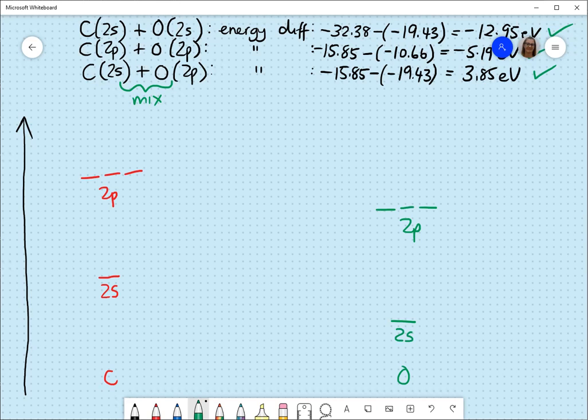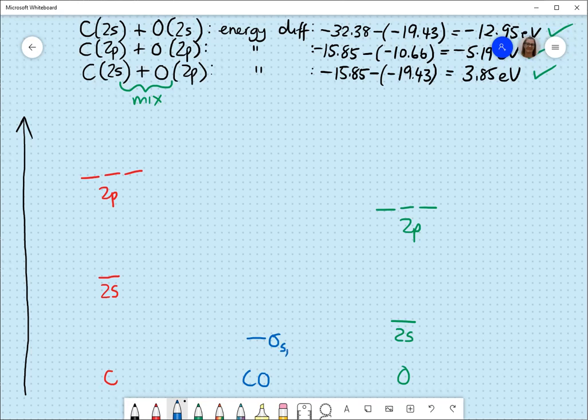Now let's make the carbon monoxide molecular orbitals in the middle. Remember that 2s and 2s can interact with one another, and we're going to get the sigma molecular orbital here, as a result of the s interaction.